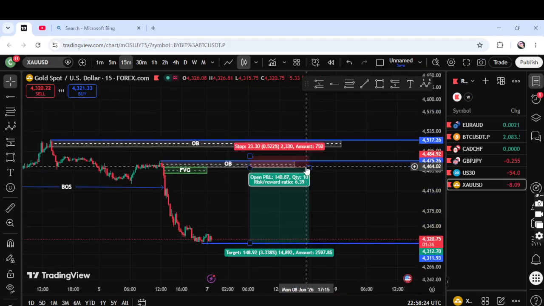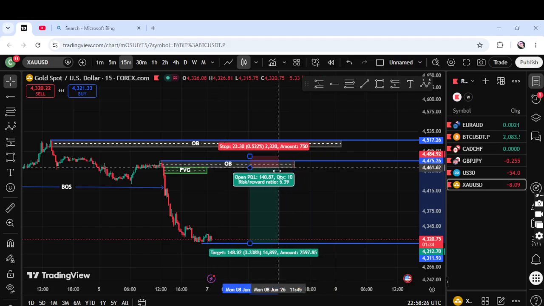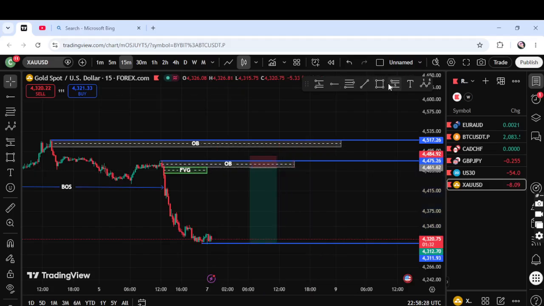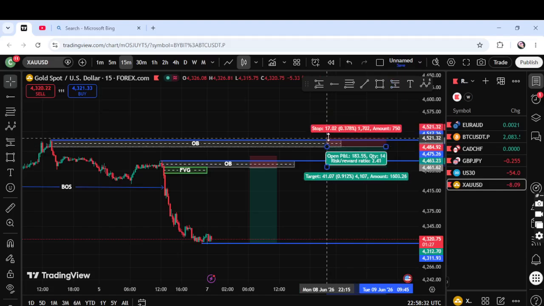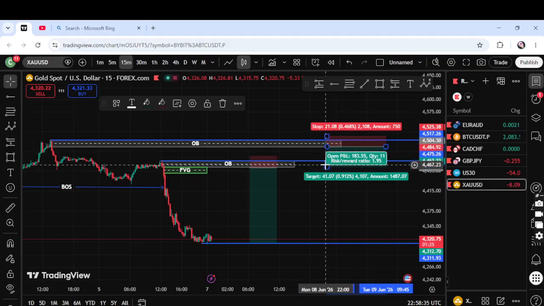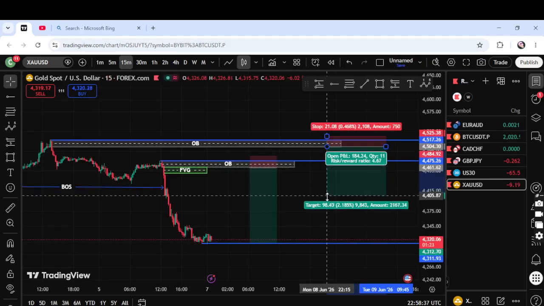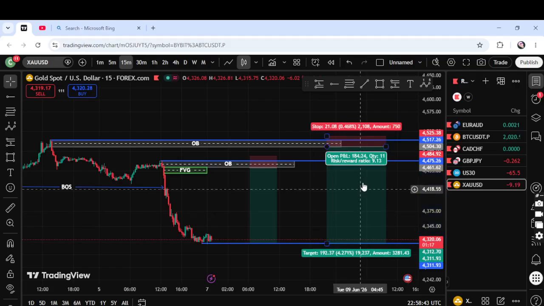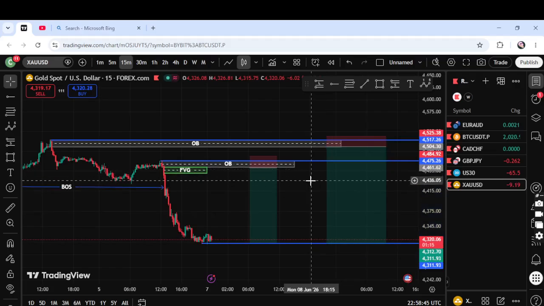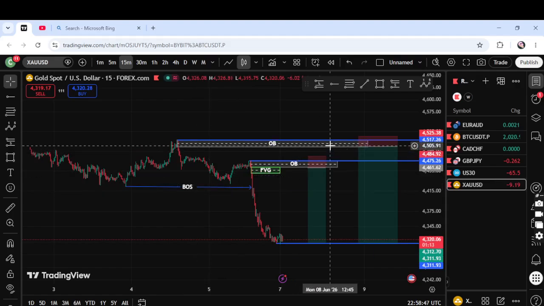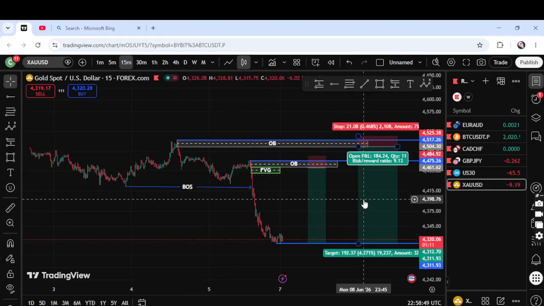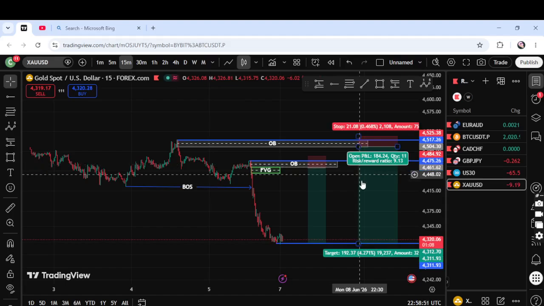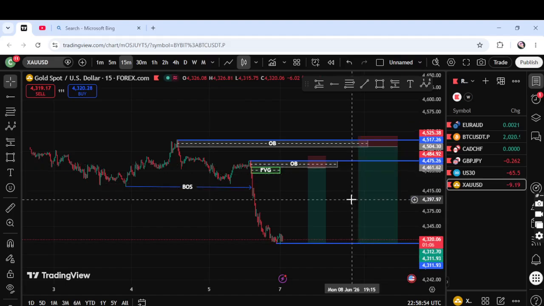So this is 1:6 valuation. So this is 1:9. So if you break here, you position aggressively here. So always apply risk to reward ratio.